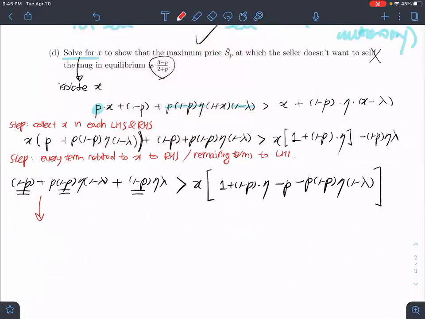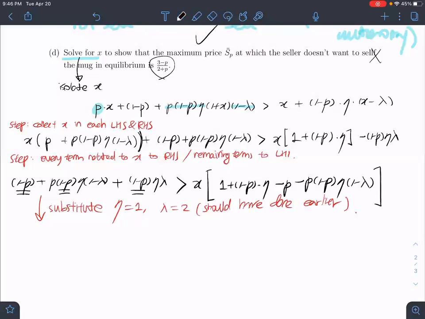I'm really sorry. Okay, so substitute eta equals 1 and lambda equals 2. Let me refresh. Should have done this earlier. You're not wrong if you do it like this in the exam, but it's going to make your life much more difficult.